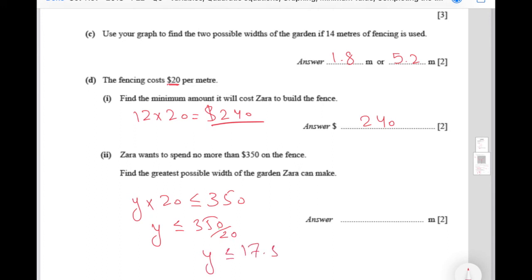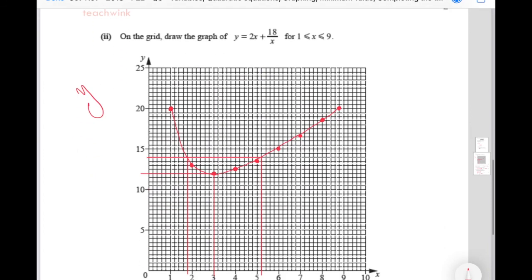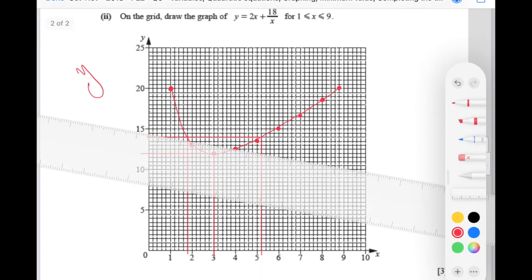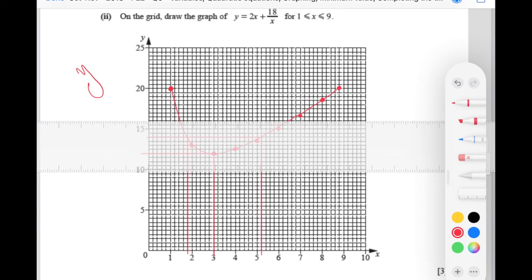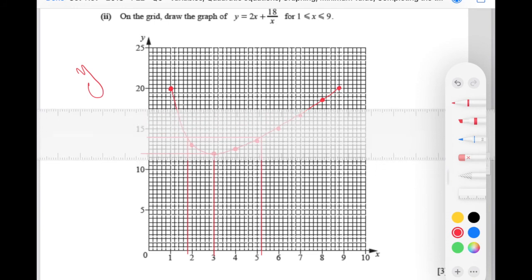Yeah, 17.5. Now let's draw a line at 17.5 and find the values of x, because we need the greatest possible width. So 15, 16, 17.5 is going to be right there.